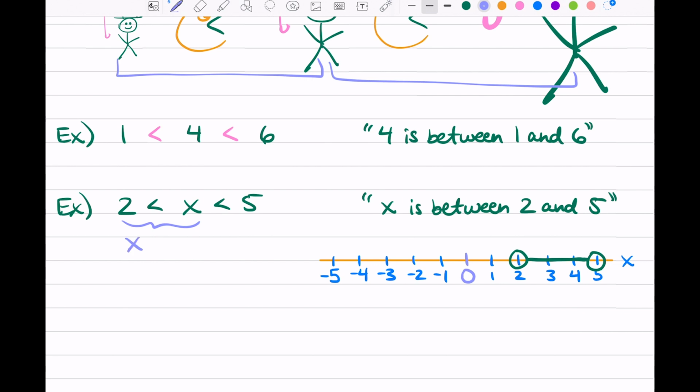Or we could switch spots and say that x is greater than 2. This says the same exact thing because our Pac-Man faces the bigger thing. And this says x is less than 5. As a detective, you know that x is greater than 2 and it's less than 5. And that's what we represented on our number line.